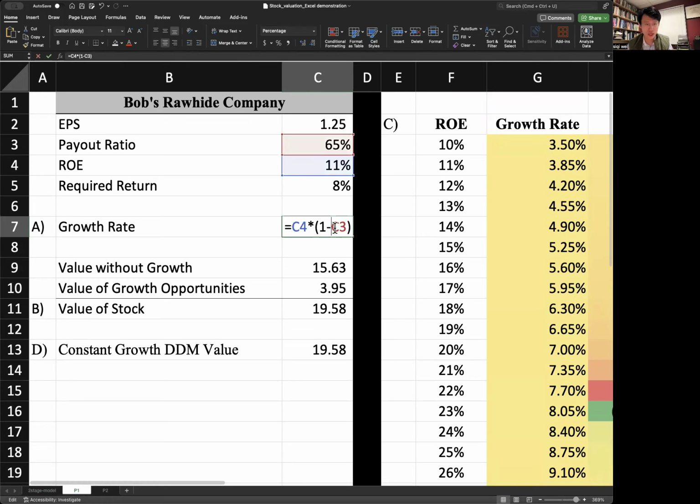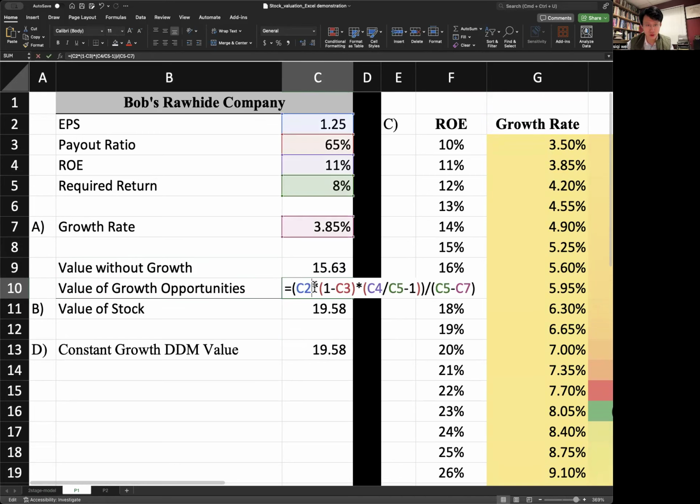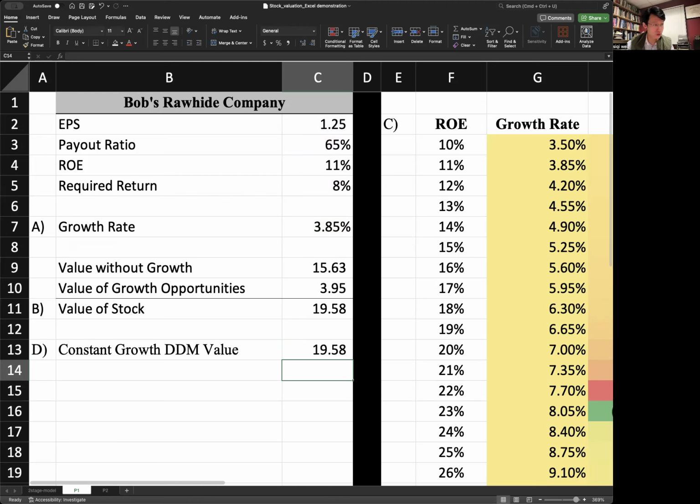Well, actually, growth rate is derived from those accounting numbers. You can use the model we introduced to establish the value of the stock. It's nothing more than the assets in place plus the growth option. Okay, you can see it's consistent with the constant growth dividend discount model. I'll leave that for you.